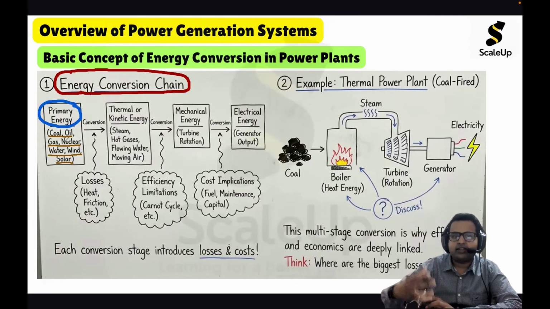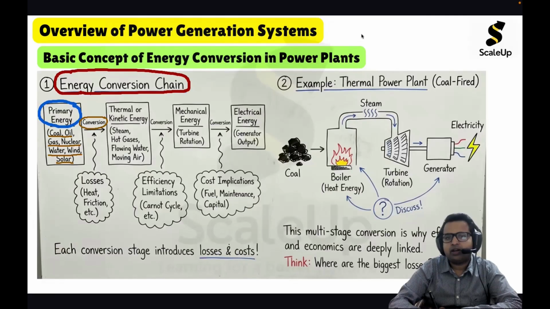We convert it into thermal or kinetic energy, like steam, hot gases, flowing water, moving air. If we generate heat, then from the heat we can get steam, hot gases, flowing water, moving air.